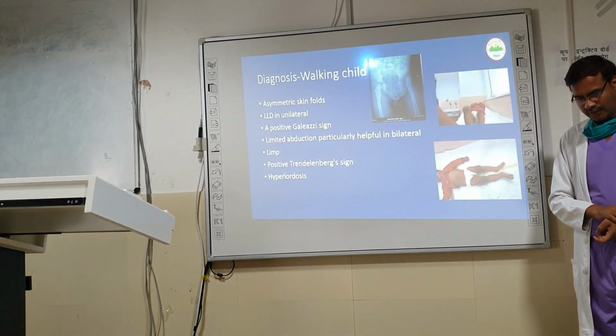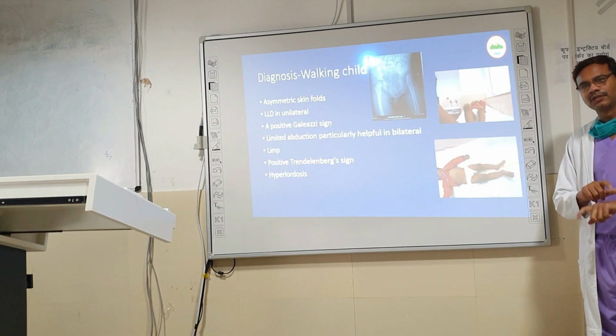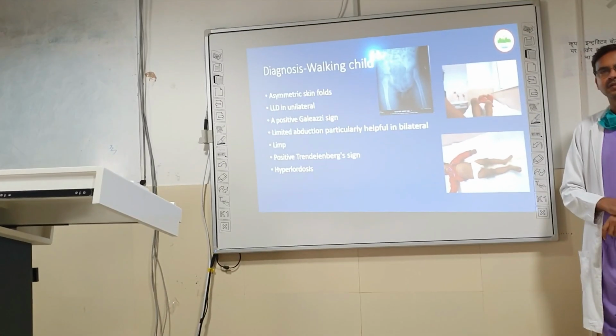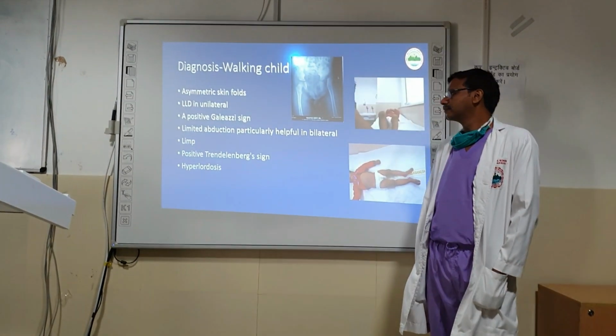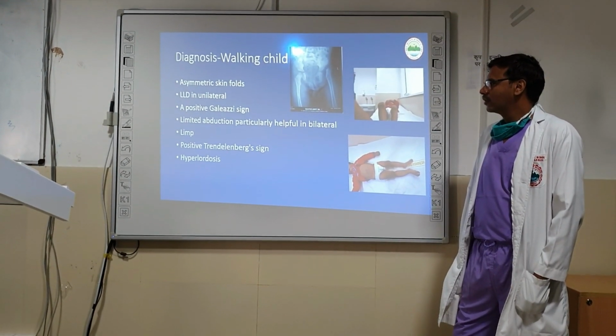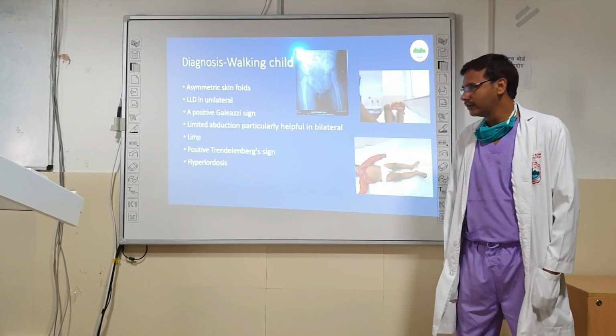So as I already said, the walking age is the age group. Diagnosis of DDH in a walking age child. When you look for inspection, there will be asymmetry in the skin folds in the thigh or in the groin.